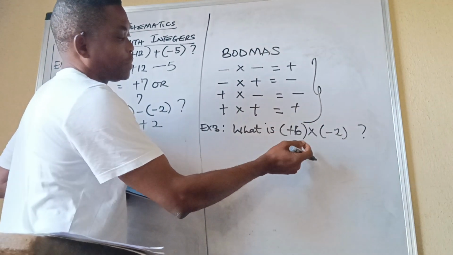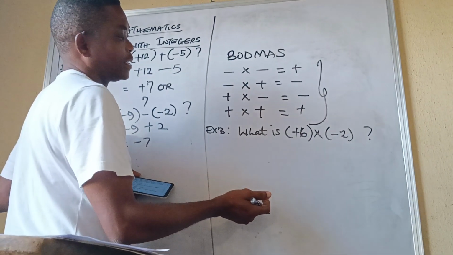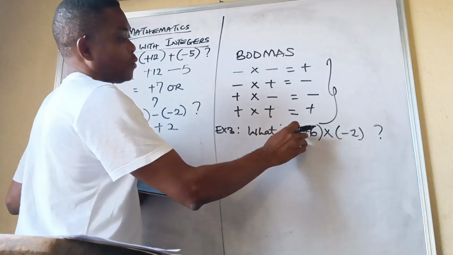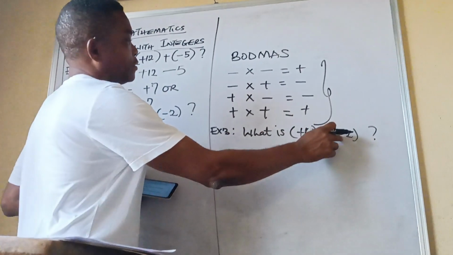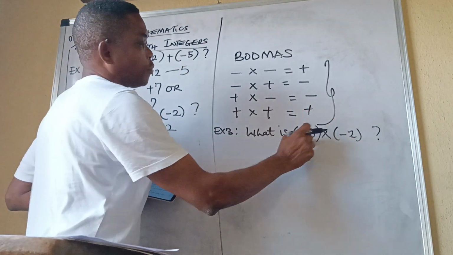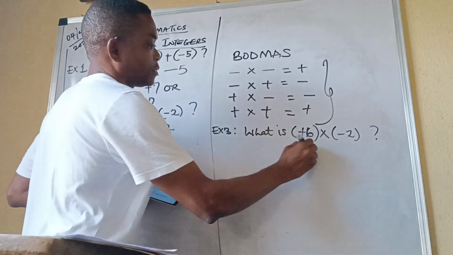Now we'll multiply. How do we multiply? So we are going to open the bracket. Plus times minus. From what we have on the board, plus times minus is minus, because there are two opposite signs. Plus times minus is minus.